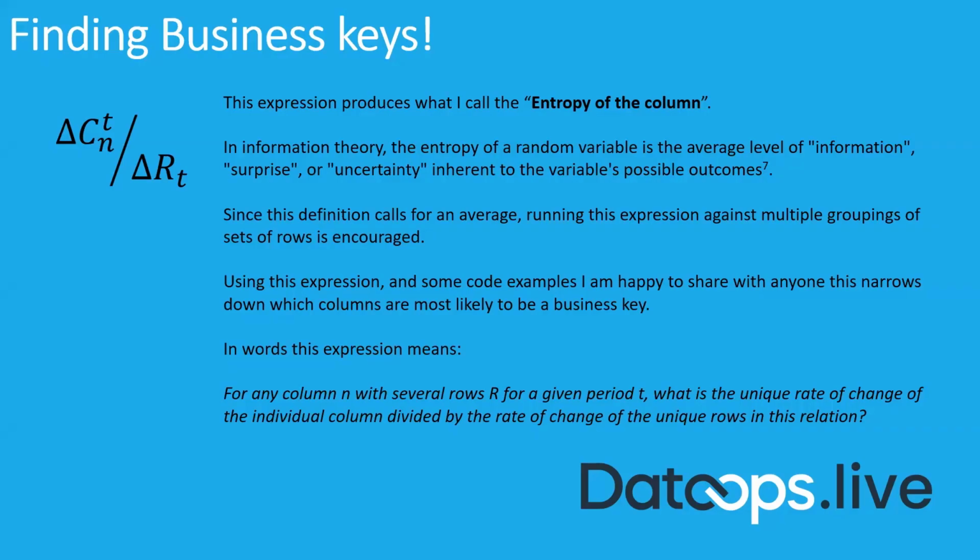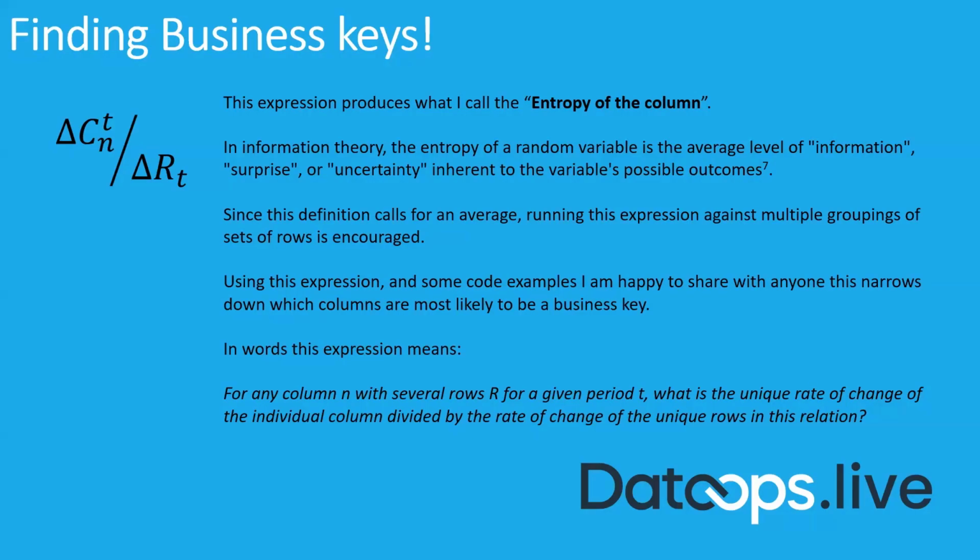But looking at the unique rows and the rates of change across columns, when I first did this, it was very exciting to see the results, because the columns that produced a number close to 1 were completely unique compared to the rows, which implies that there's some kind of identification in there.